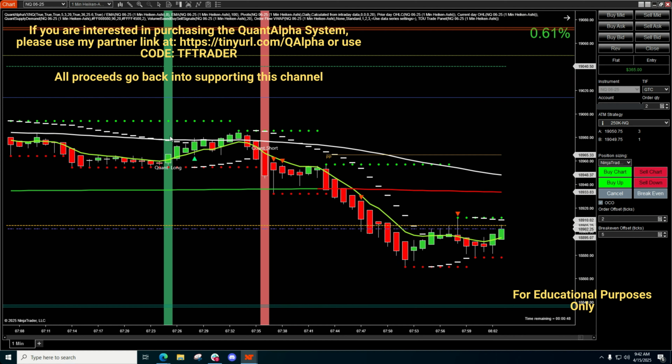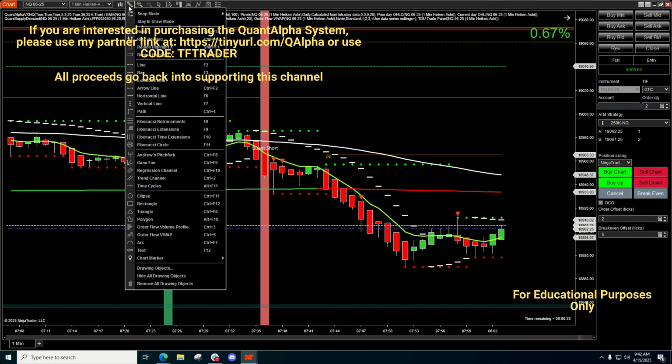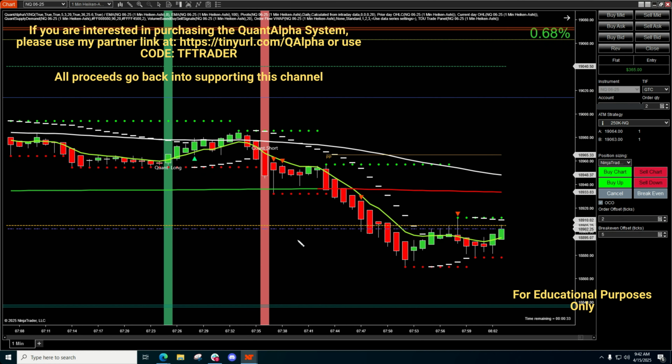If it's above the 100 EMA, then you take the trade at the high of that long bar. If it's short, it must be below the 100 EMA. And if it is, then you take the trade here at the break of the low of that bar.